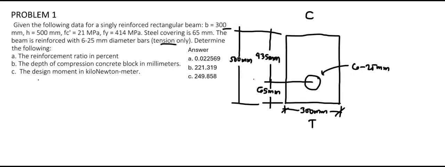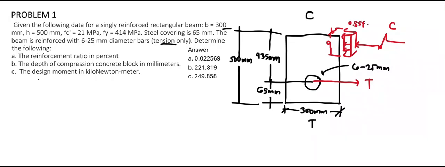For the second problem, we equate the force induced by the steel, that is the tensile force T, to the compressive force, that is the resultant, equal to C. The compressive force is just equal to the volume of this stress block that has a height of a, a width of b, and a length of 0.85 f'c.